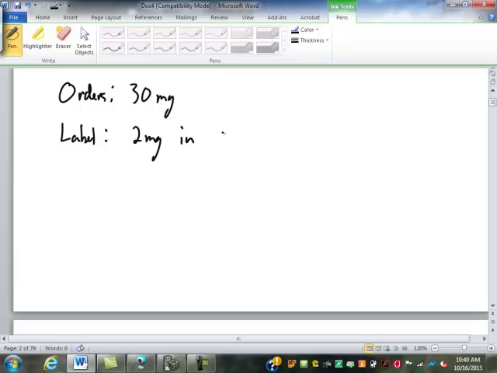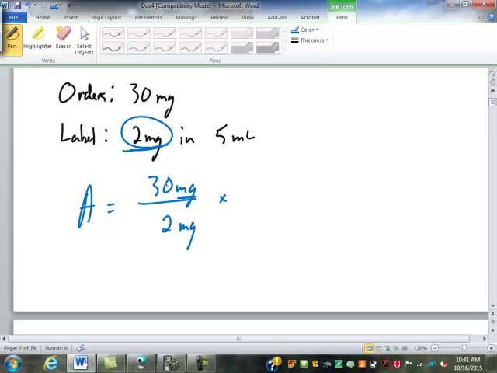Usually written like this, 2 milligrams in 5 milliliters. So, doctor's orders are 30 milligrams. Now the on-hand dose is usually pretty easy to find because it has to have the same units of milligrams. So that'd be the 2 milligrams. And then what carries the 2 milligrams to the patient? 5 milliliters.